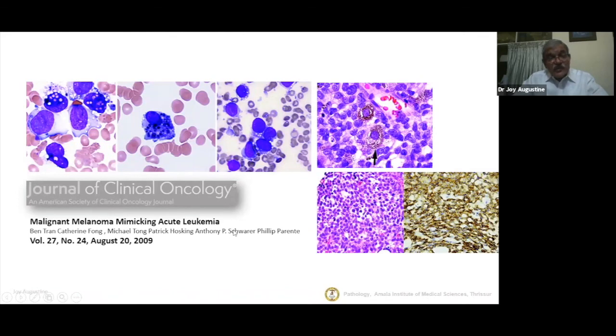Carcinomas, melanomas, neuroblastomas can mimic leukemia. In this case, however, telltale pigment was present in the cells, and the bone marrow also looks like a leukemia, but with these cells with pigment. And this is the HMB45 staining showing strong positivity.